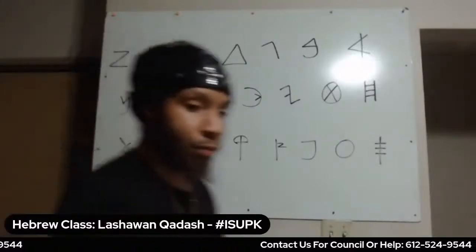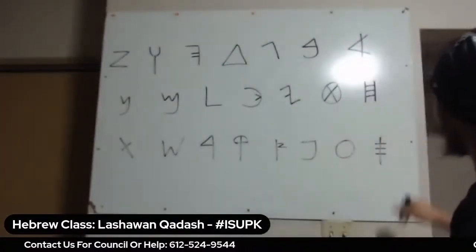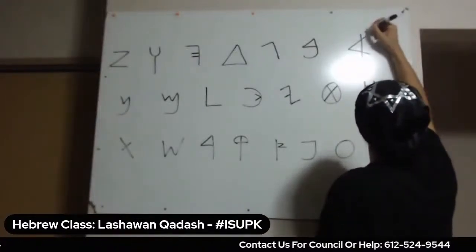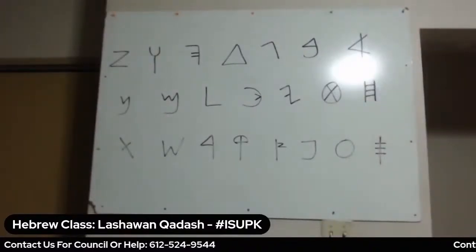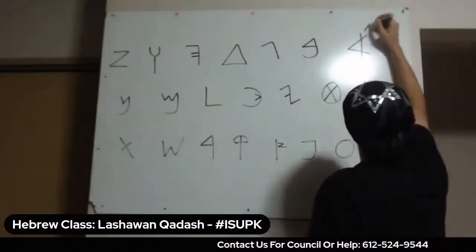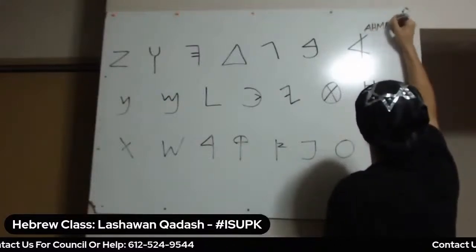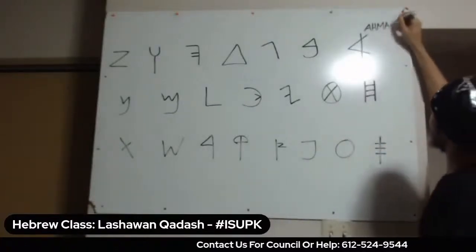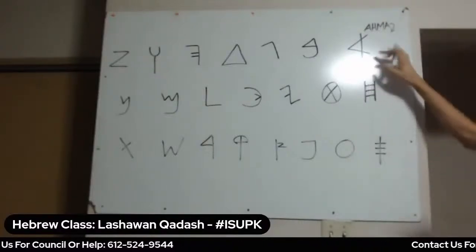Starting off with the first letter, let me know if you can see it on the board, if it's too small. So we got a word. The word is ma.